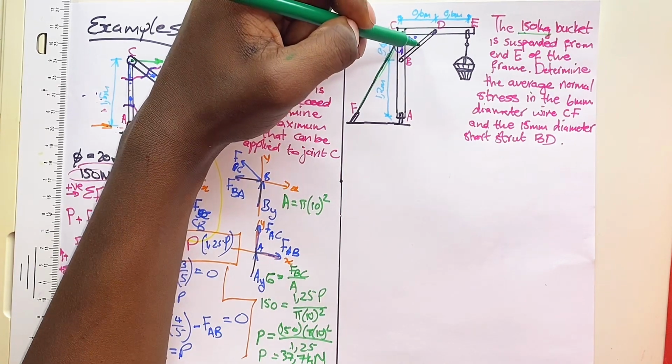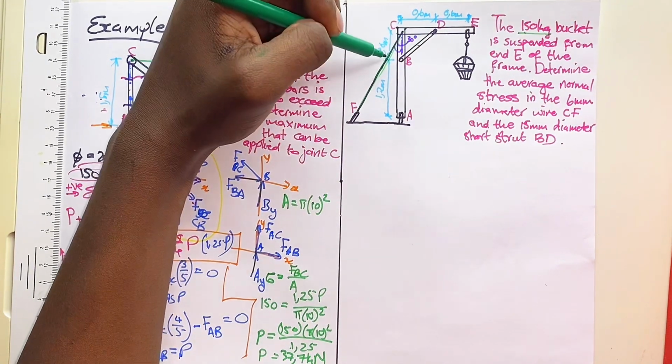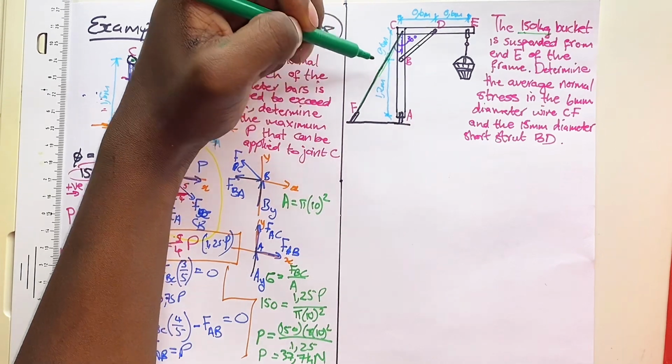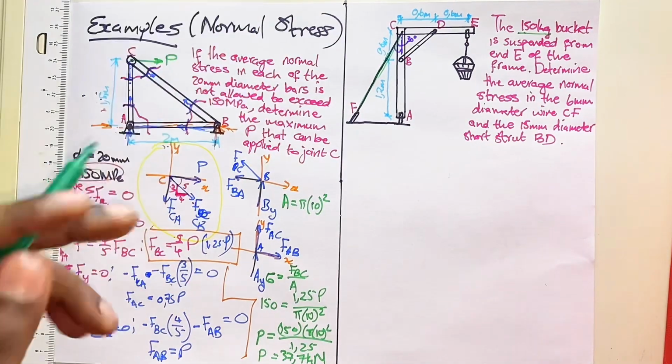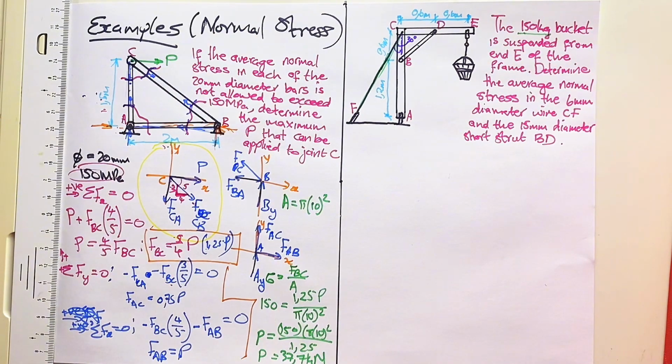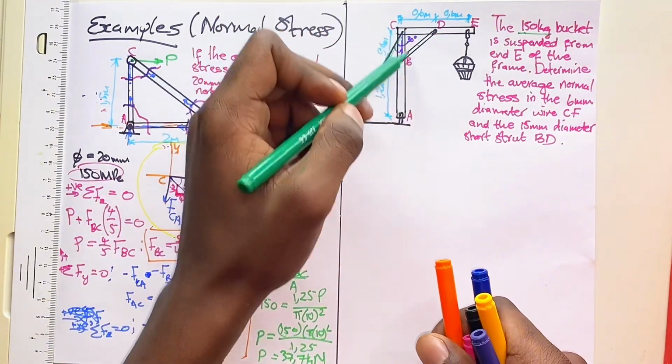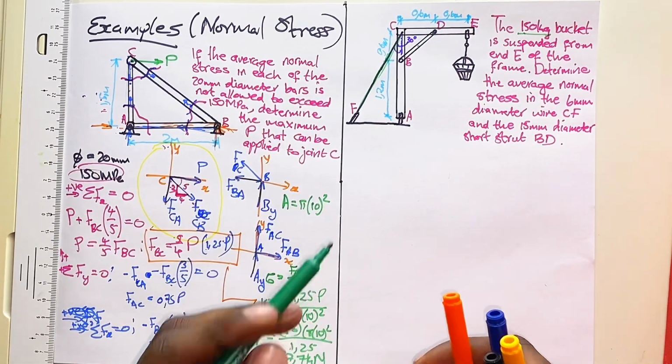So we're going to find the normal stress in here and find the normal stress in this wire over here. Now, what do we do first? The first thing that we do is to draw the free body diagram. Now, I'm going to take the free body diagram of the entire structure.